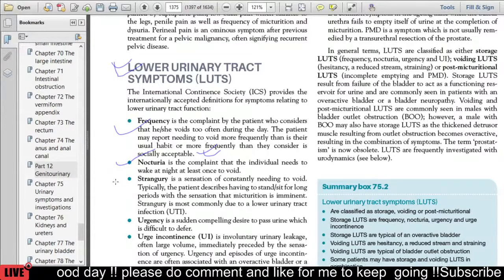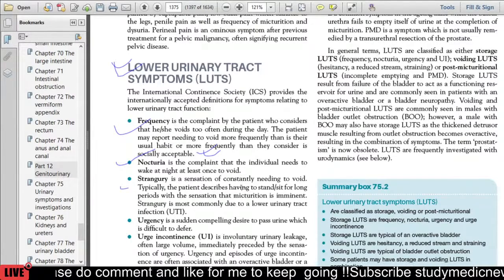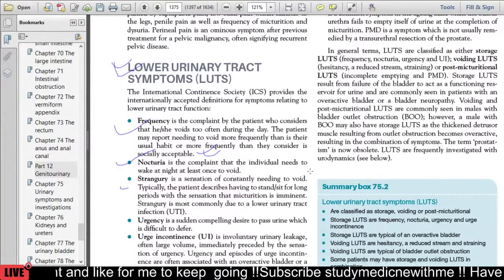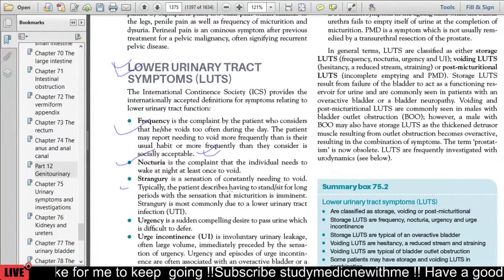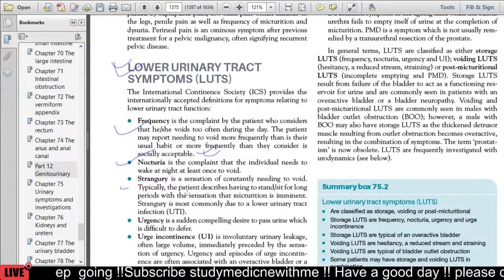There is strangury. I didn't know this term, so let's see what it is. The sensation of constantly needing to void, with incomplete passing of urine. Typically, the patient describes having to stand or sit for a long period, with the feeling that micturition is imminent.